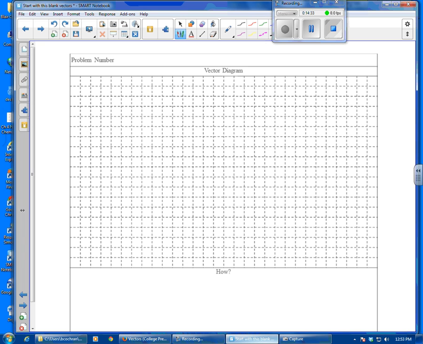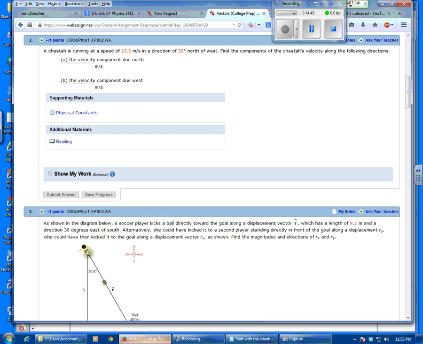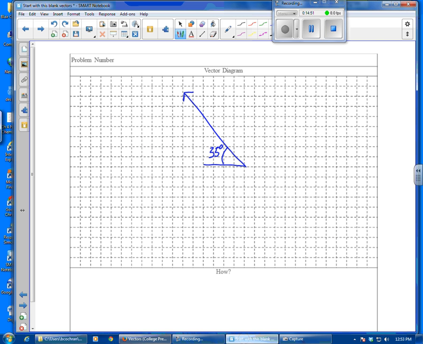And that would be this direction, roughly. And that says that here is 55 degrees, because I would start west and pull north. And it tells me it's 15.3 meters per second long.